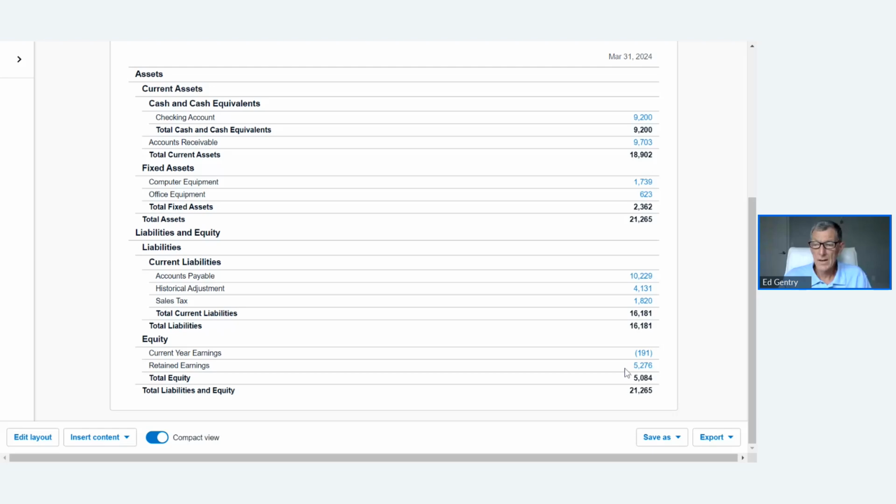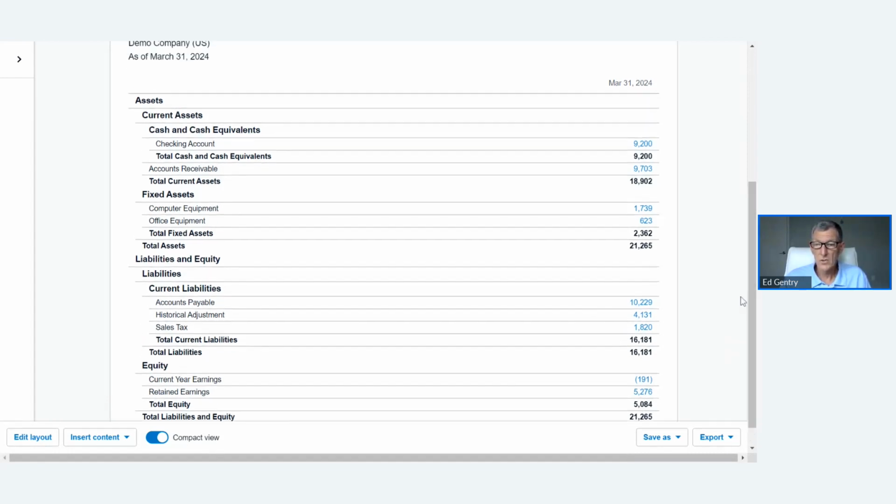So you can see that number is greater than the total equity because you had a loss for the current earnings period, the first quarter of the year. So it gives you a total equity of $5,084. And then the total liabilities and equity combined equals the $21,265, which is equal to $21,265. So it is in balance.